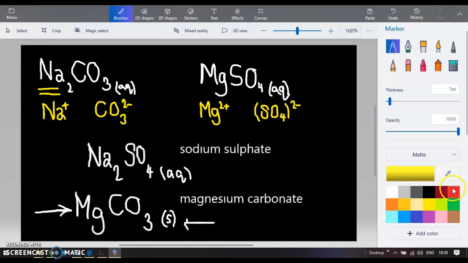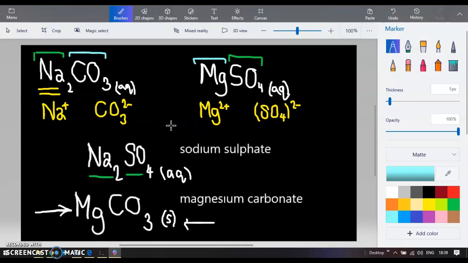And essentially what happens is that these sodium ions get paired up with this to form sodium sulfate, while this carbonate finds itself pairing up with the magnesium, because when you have a solution, everything mixes together.